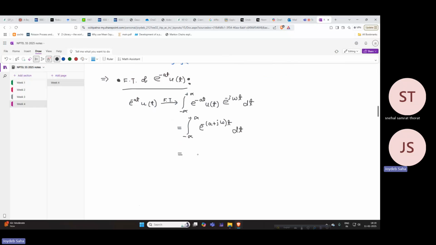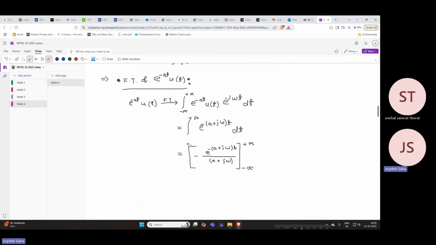If we integrate it, we will get minus e to the power minus (a plus j omega) t upon (a plus j omega), from minus infinity to plus infinity. Okay, it will be 0 too, right?